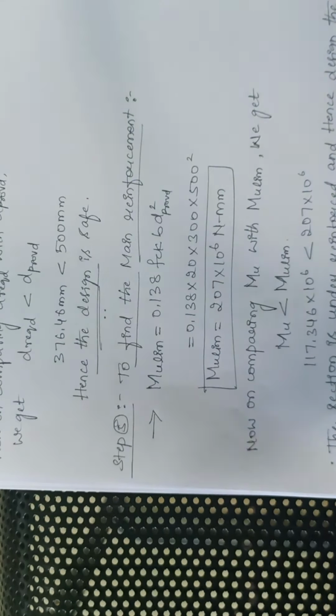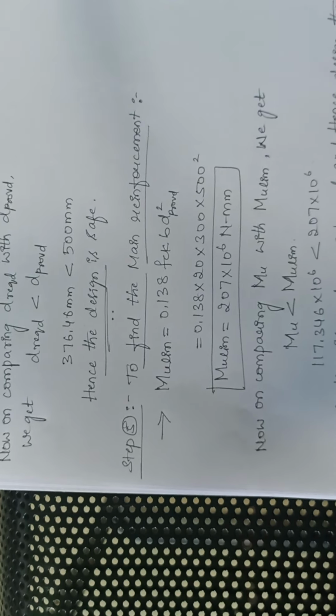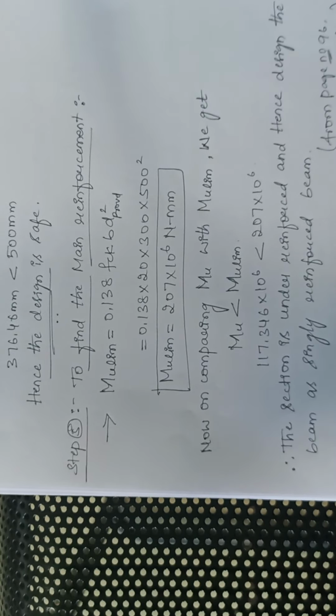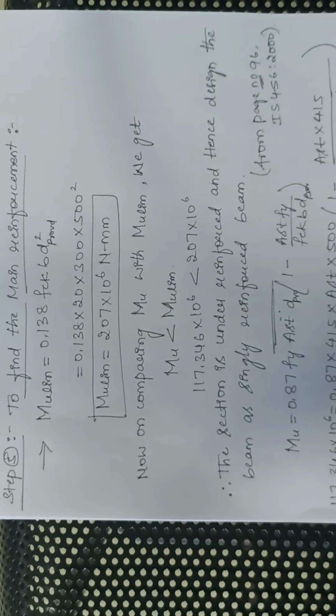On comparing those two values, we got Mu limit greater than Mu. Hence, if we are getting Mu limit greater than Mu, the section is said to be an under-reinforced section. If we are getting an under-reinforced section, then the beam has to be designed as a singly reinforced beam. Now let us design the beam as a singly reinforced beam and continue the steps.